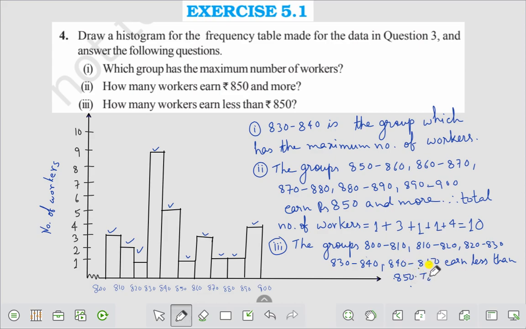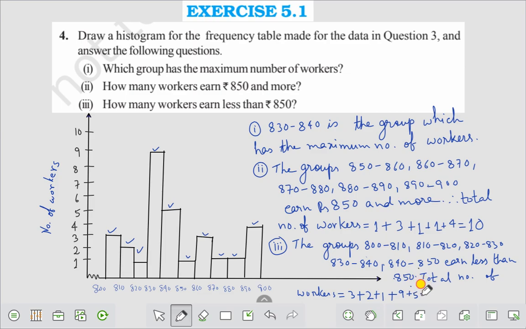Therefore, the total number of workers is equal to, this group is 3 plus this group is 2 plus this group is 1 plus this group is 9 plus this group is 5.